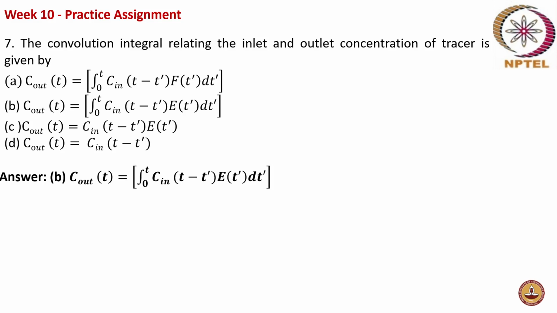So whatever tracer has gone into the reactor or a system or a vessel before time t, and which is having the residence time of t prime, will be seen at the outlet concentration at time equal to t.